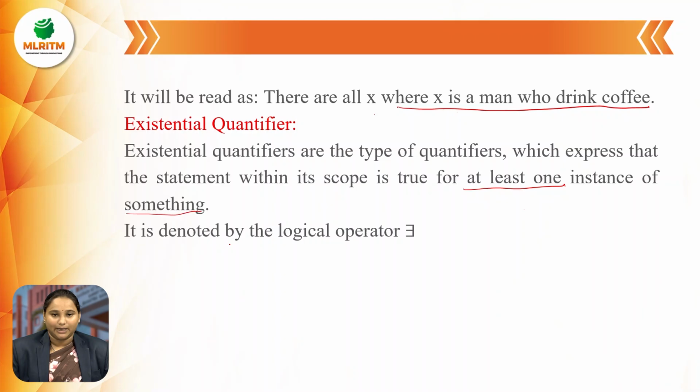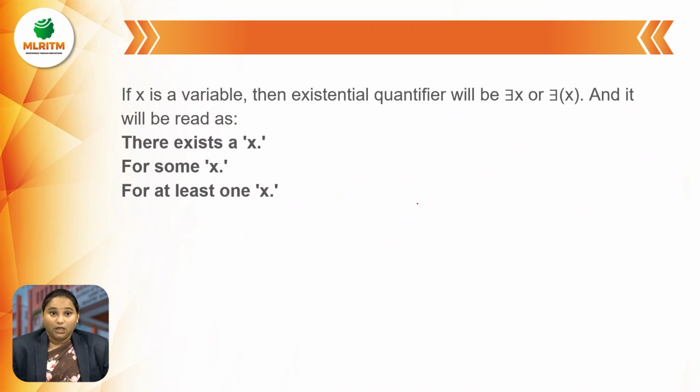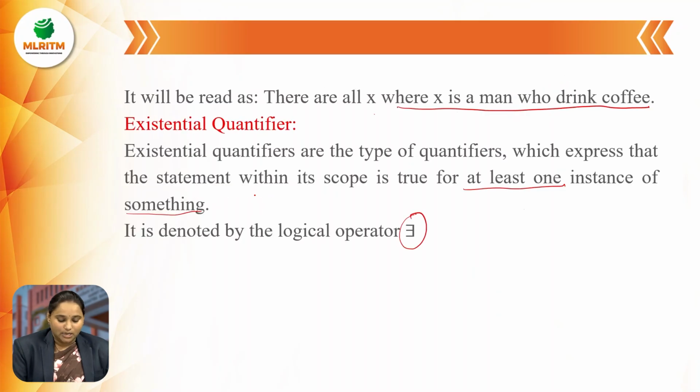It is denoted by the logical operator "there exists". If X is a variable, then the existential quantifier is "there exists X", and it can be read as: there exists an X, for some X, for at least one. Here, the existential quantifier describes only one or some people.